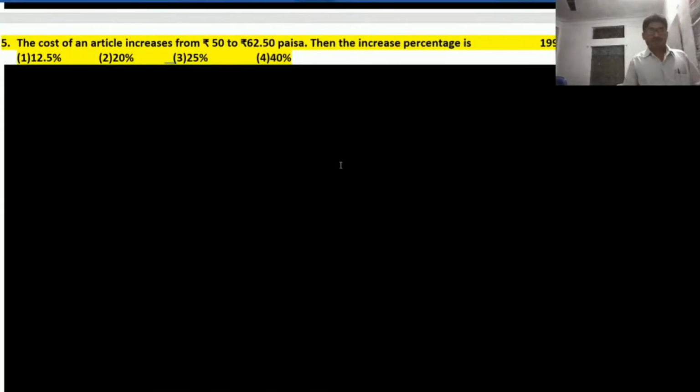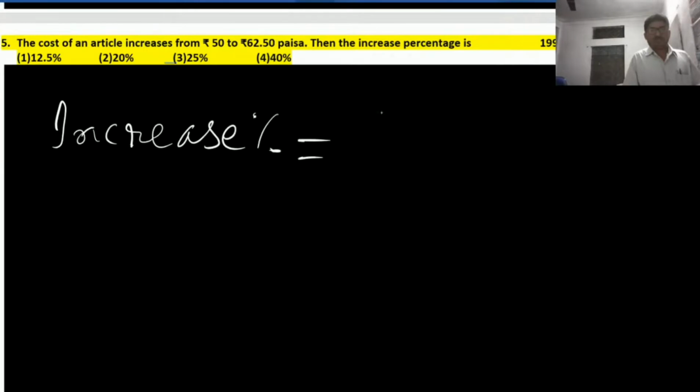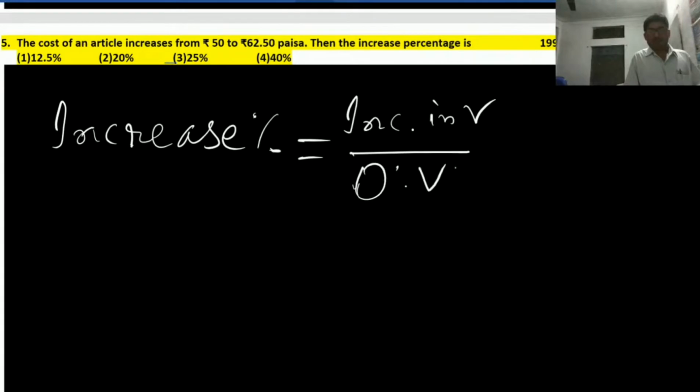Question number 5. The cost of an article increases from 50 rupees to 62 rupees 50 paisa. Then the increase percentage is equal to increase in value by original value into 100 percentage.